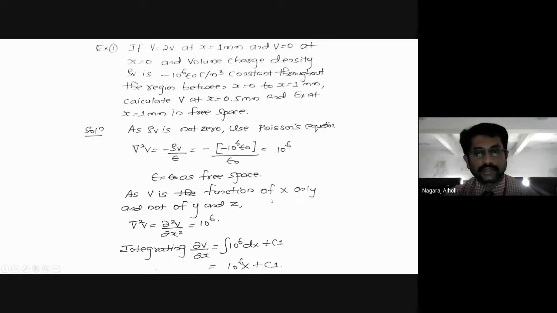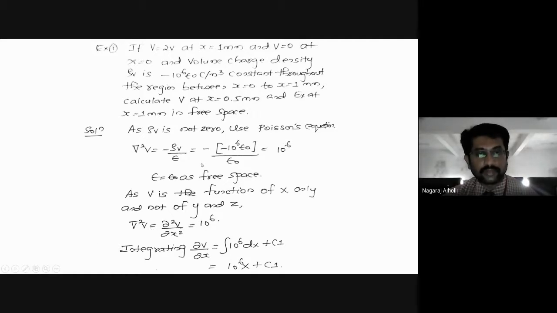Here V is a function of x only, because they are given in terms of x. Y and z are not given. Therefore, the given potential is a function of only the x value. It is not a function of y or z, because they have given the potential at x equal to 1 millimeter and V equal to 0 at x equal to 0. Therefore, del square V is given by dou square V by dou x square.